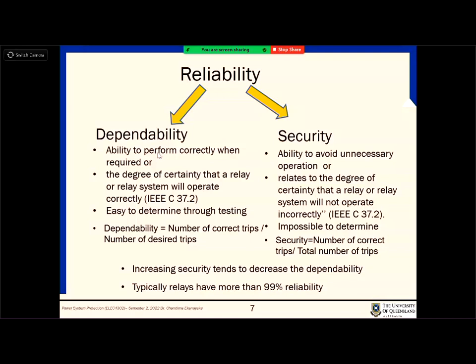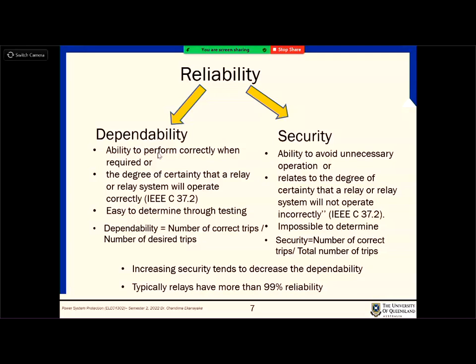If you are trying to increase the dependability, then the security goes down, that sort of thing. You can't increase both of them at the same time. So you have to come up with a highly reliable system with very good dependability and very good security, not 100% of both.